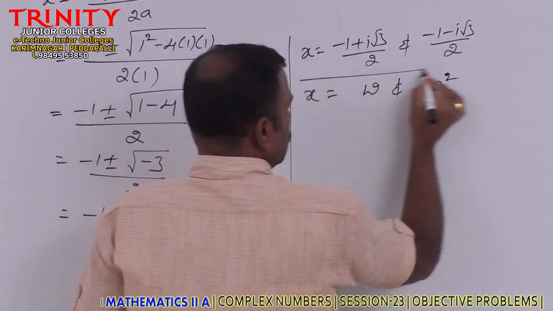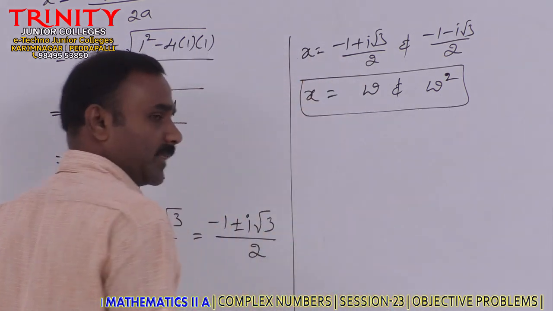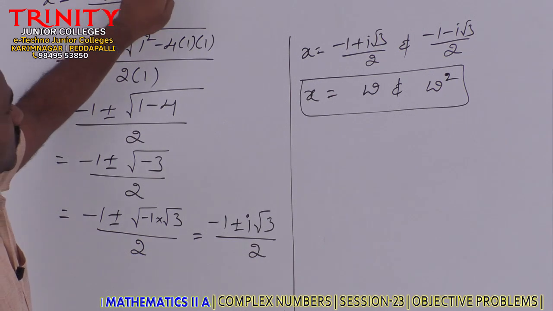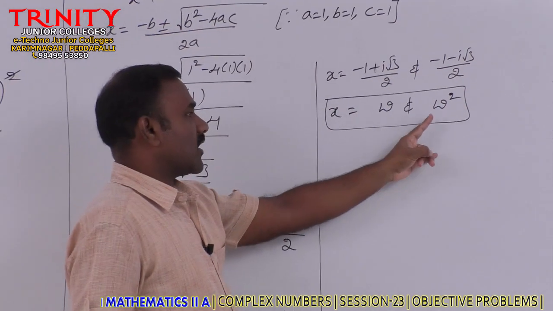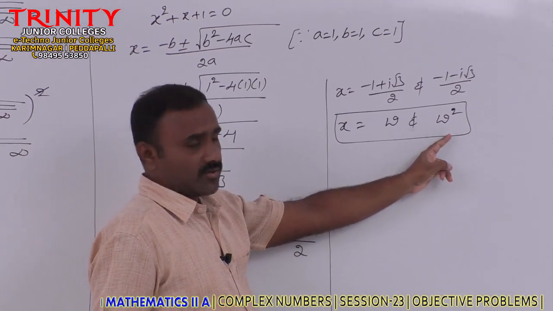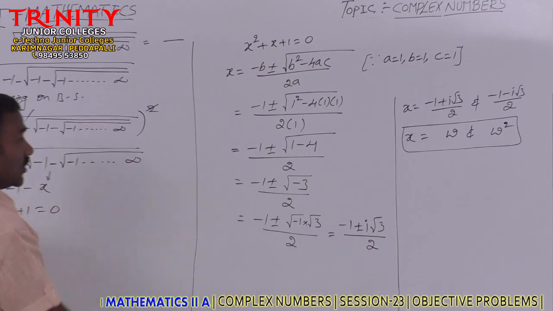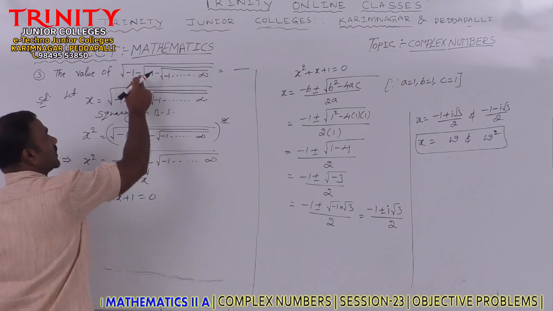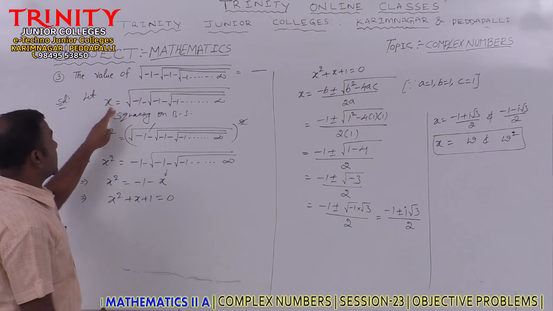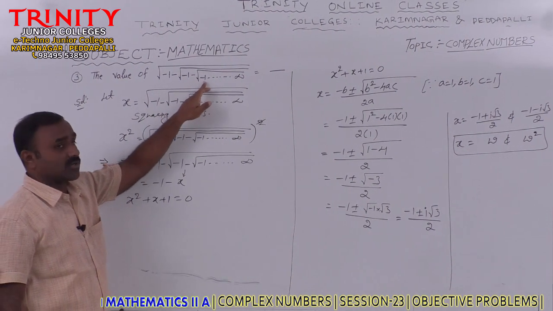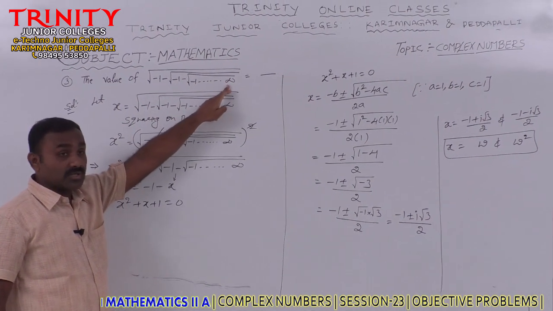Therefore, the roots of the quadratic equation x square plus x plus 1 equal to 0 are omega and omega square. Omega and omega square are the roots, nothing but what we considered: x is a root of minus 1 minus root of minus 1 minus root of minus 1 and so on up to infinity.